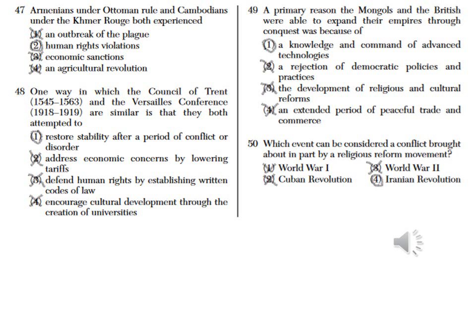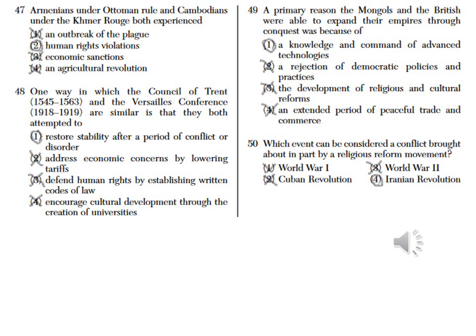So, 48. One way in which Council of Trent and the Versailles Conference are similar is that they both attempted to do what? 1, restore stability after a period of conflict or disorder, which is absolutely true.